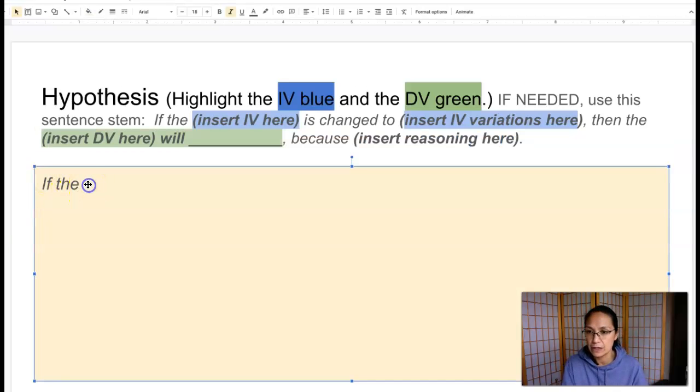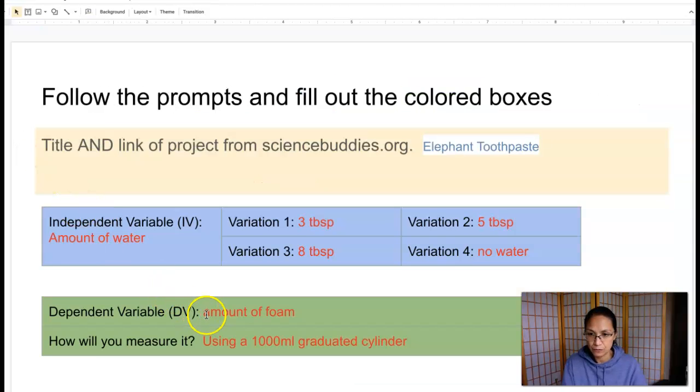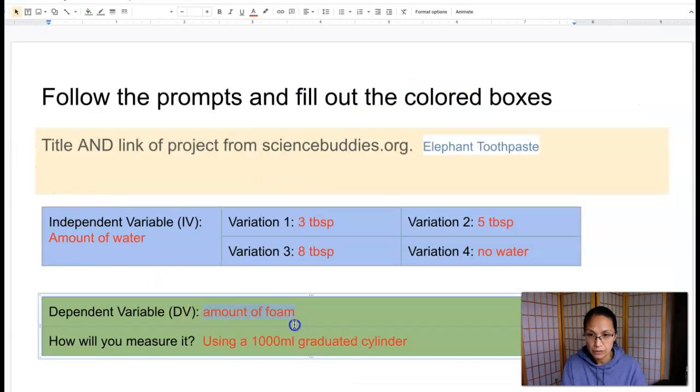is increased, because that's what I'm doing. Is increased. That's how I changed it. Then my DV is the amount of foam. Copy.